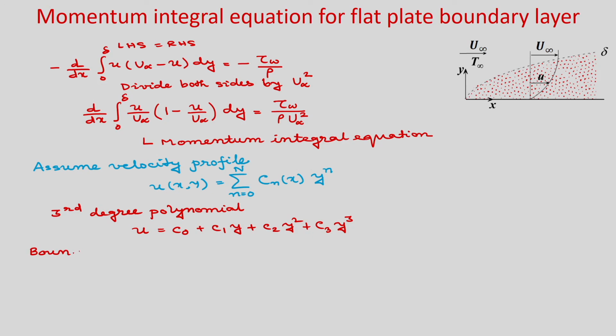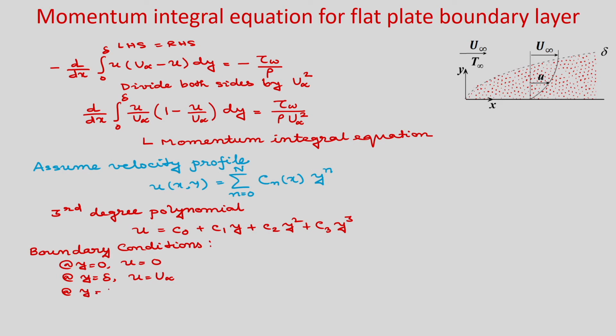Okay. So, at y is equal to 0, let us see what expression you get from the boundary layer equation, and from there we will get the boundary condition. That is why it is known as derived boundary condition. So, let us write the boundary conditions. Okay. So, at y is equal to 0, you have u is equal to 0, at y is equal to delta, you have u is equal to u infinity, that is your free stream velocity.